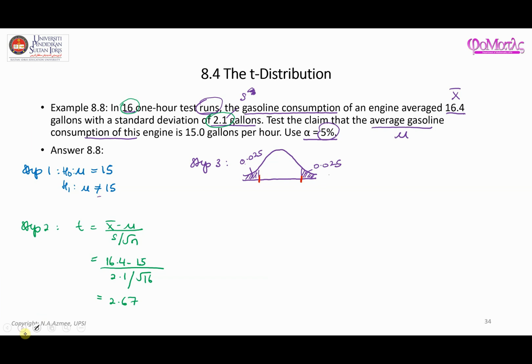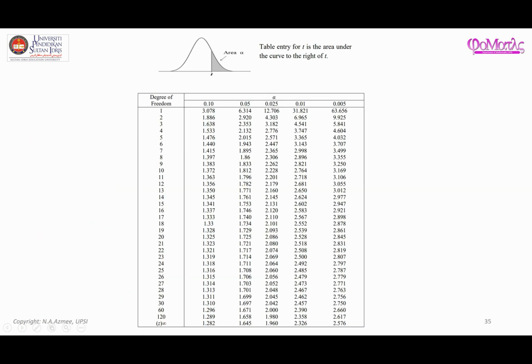So you can refer to the t-distribution table. This table gives you the area from one point to the right, and here what we are looking to find is this area, 0.025. Because the areas are symmetric, we can just focus on the right hand side of the distribution.